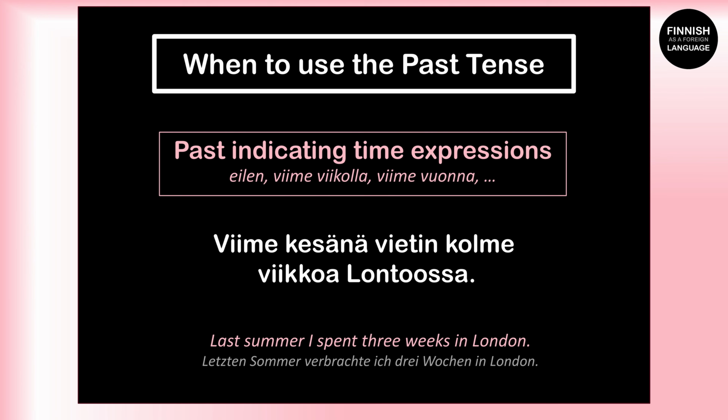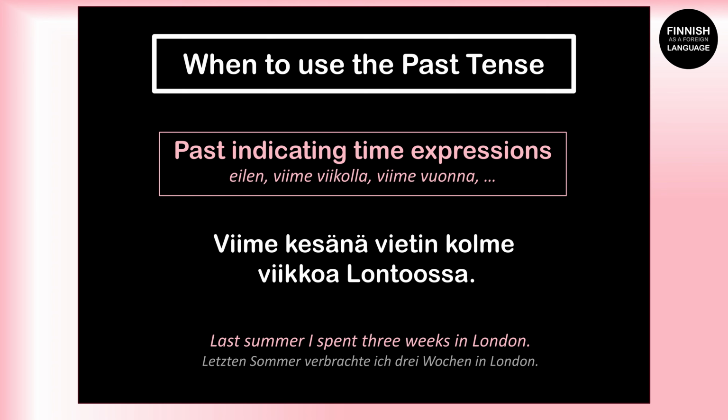Note that viikkoa stands here in the partitive case because it's following a number. And then we have Lontoossa, which means in London, in the inessive case. So let's repeat. Viime kesänä vietin 3 viikkoa Lontoossa. Last summer I spent 3 weeks in London.